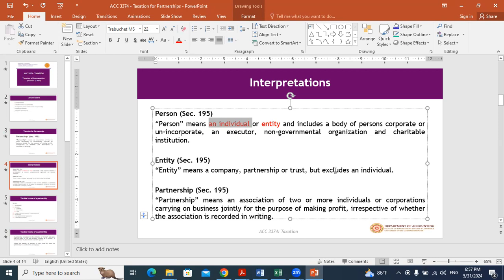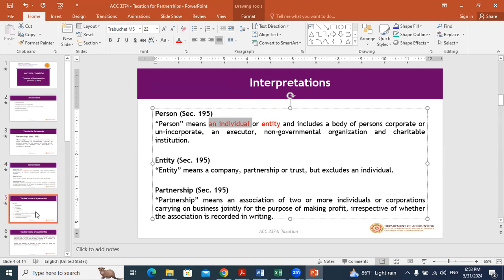But exclude an individual. Within the entity we have three: limited liability company, partnership or trust. An individual is not an entity as per that. So this is the partnership definition: an association of two or more individuals or corporations carrying on business jointly for the purpose of making profit, irrespective of whether the association is recorded.